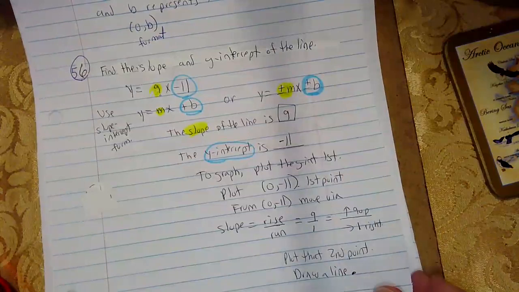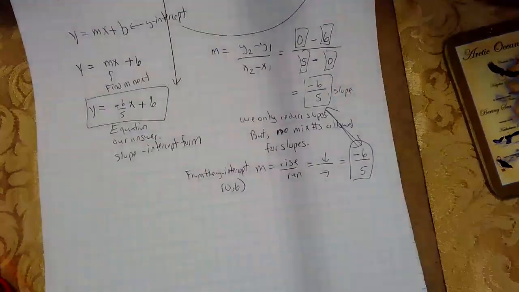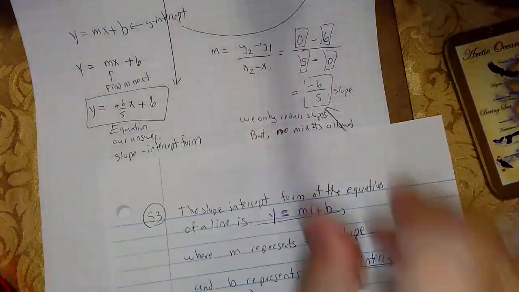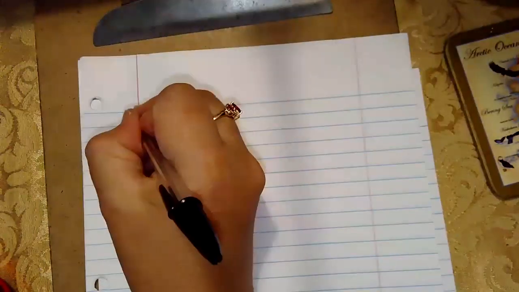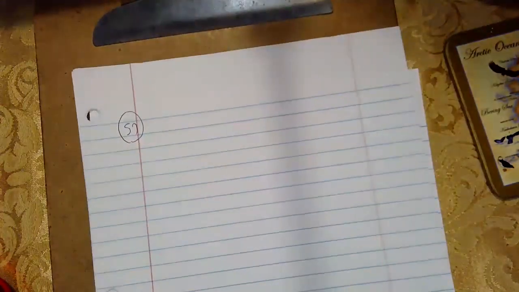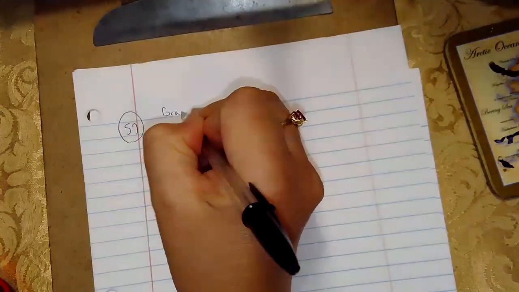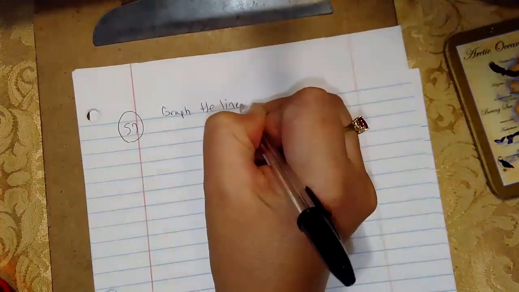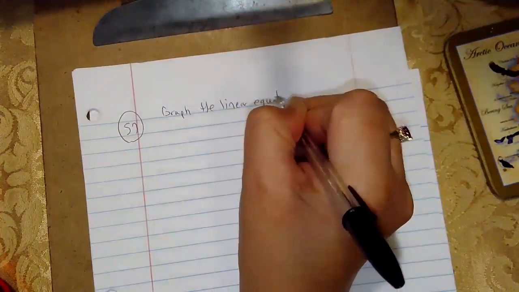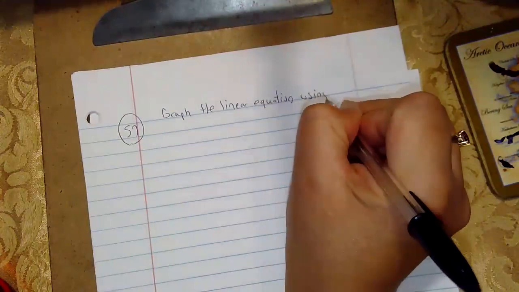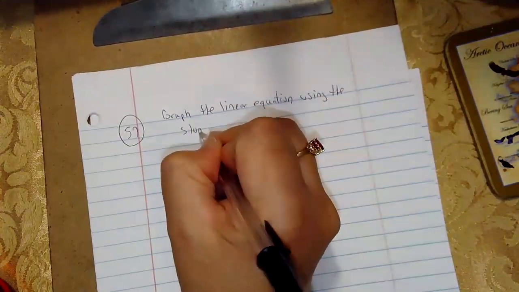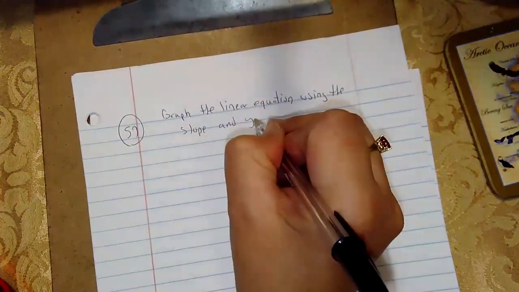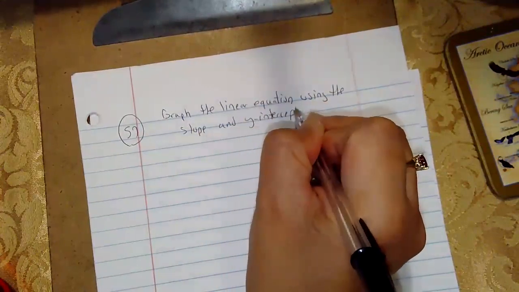Okay, and then 57. So 57 says they want you to graph the linear equation using the slope and the y-intercept.